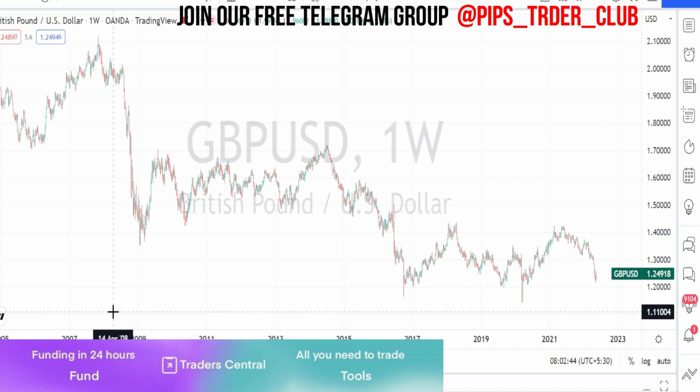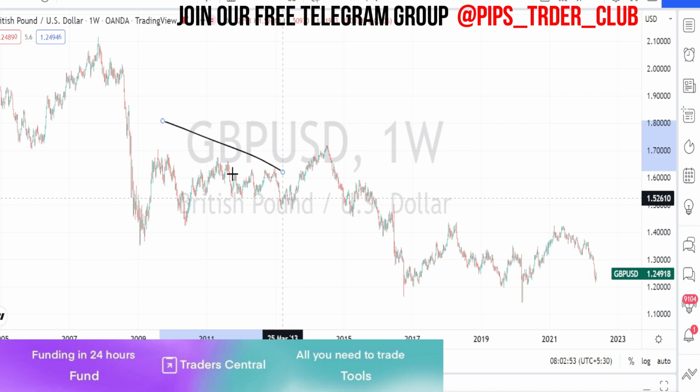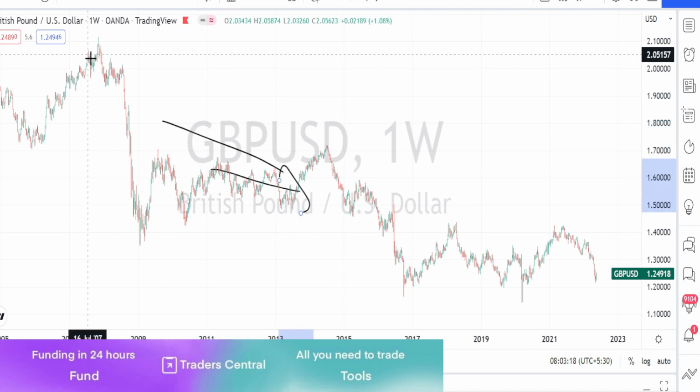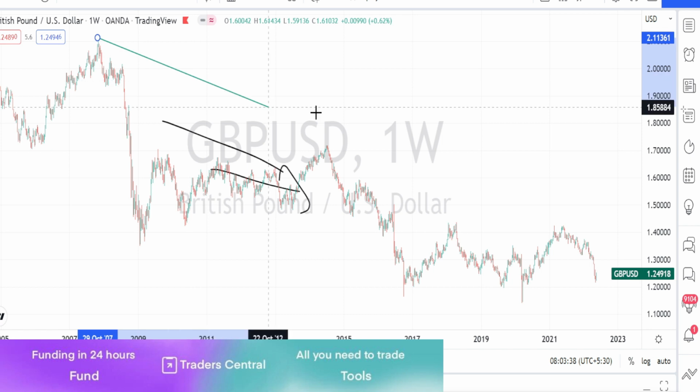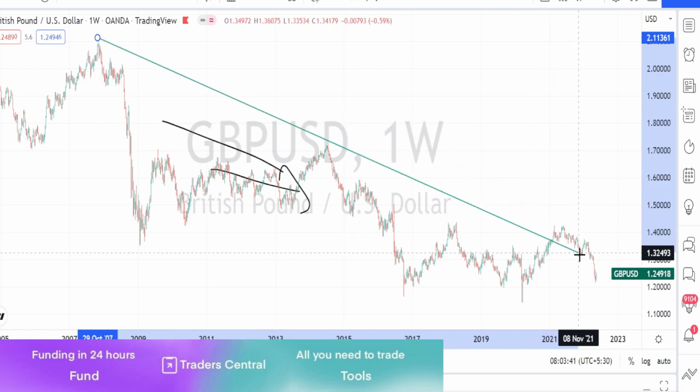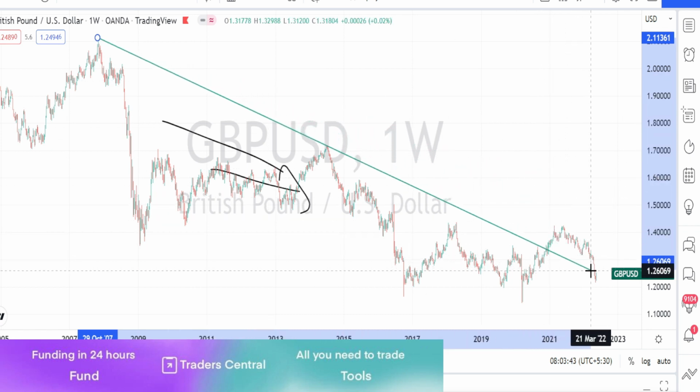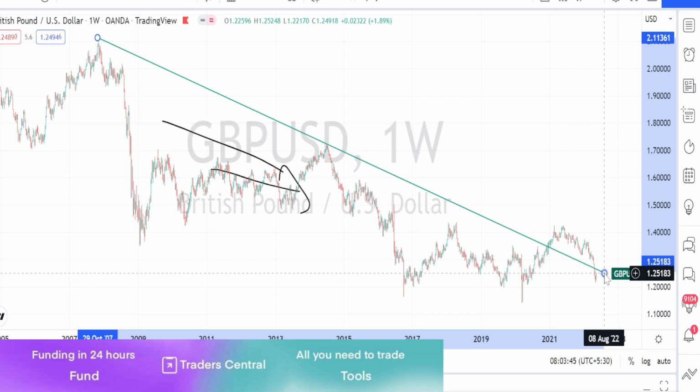I'm in weekly time frame now. When we look at the trend of the price action, it is in a very nice downtrend from 2007. And when we draw a trend line and check the current trend of the price action, I'm taking the highest point from where it started its bearish trend reversal, and I'm connecting all the highs over here.